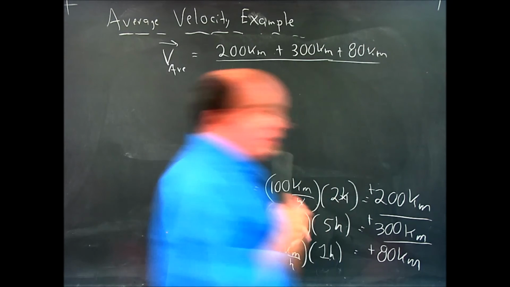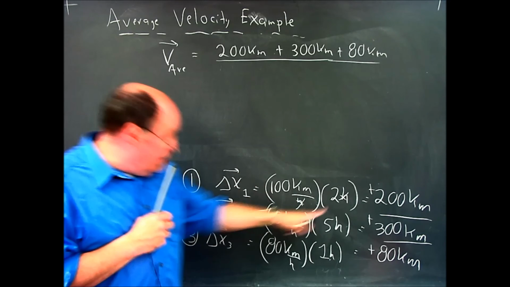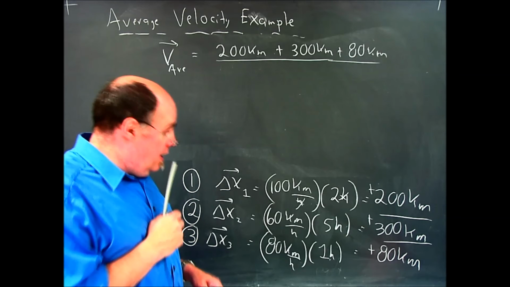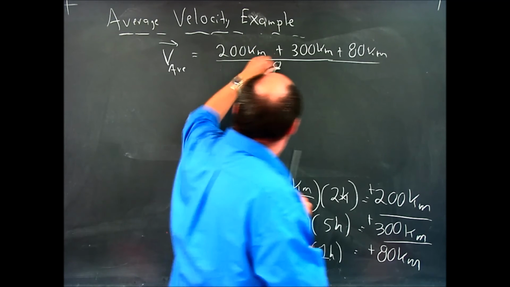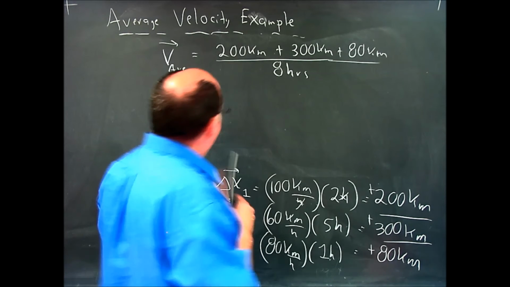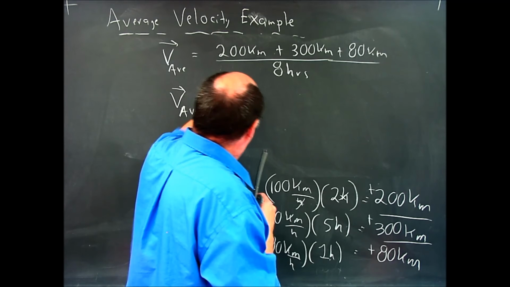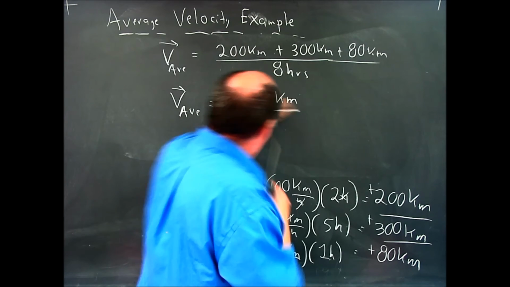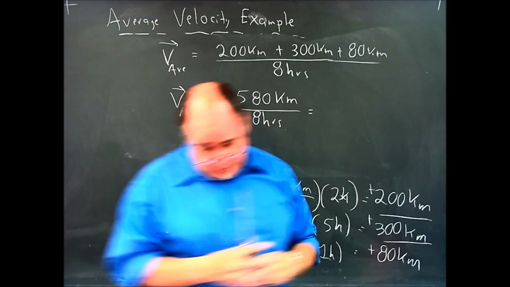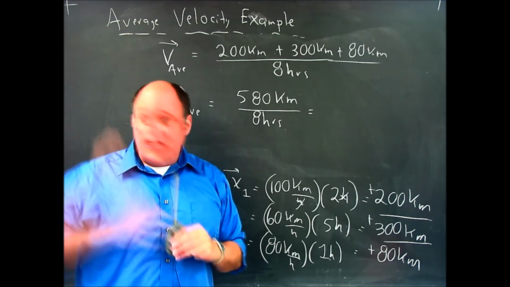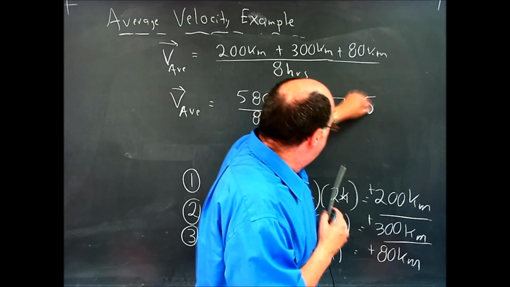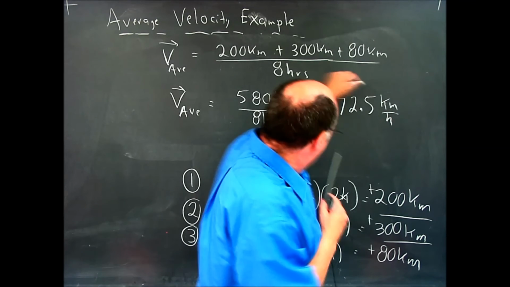I'm going to divide that by how much time it took. And the total time, it was 2 hours, and 5 hours, and 1 hour. So that comes out to be a total of 8 hours. So the v average would come out to be 580 kilometers divided by 8 hours. And if I take out my calculator and do that math, it comes out to be 72.5 kilometers per hour.